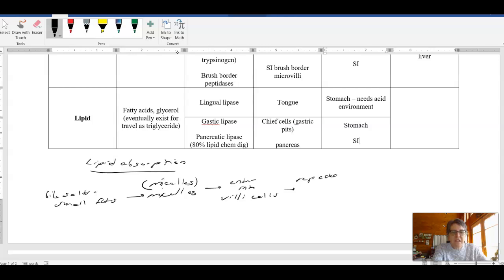So the interesting thing is that it gets repackaged as a chylomicron, which is the fats broken down into triglycerides and proteins to keep it soluble. The bile salts get pulled off and recycled.